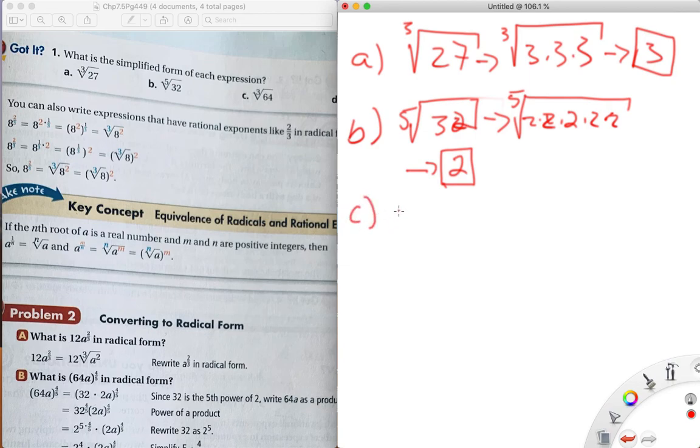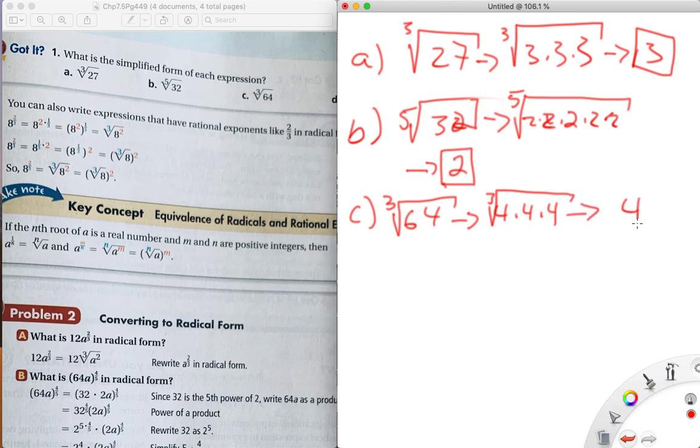And then we have the cube root of 64. Think of a number that when I multiply it 3 times gives me 64. And that is 4 times 4 times 4.